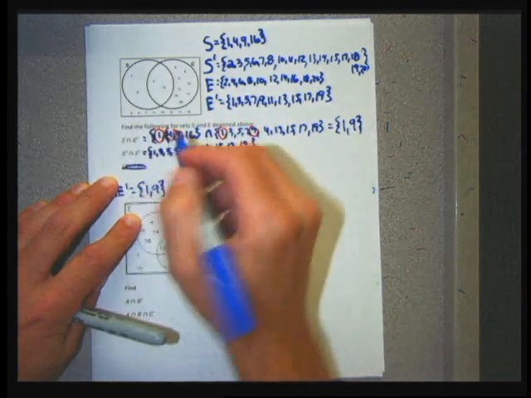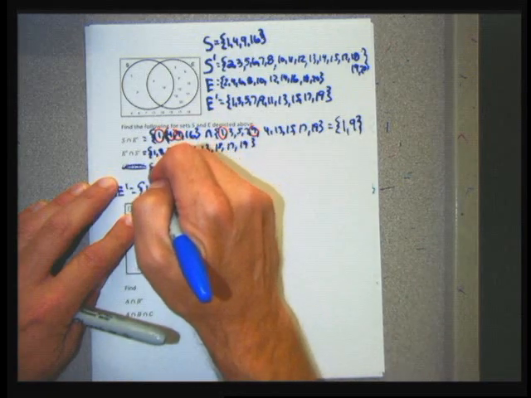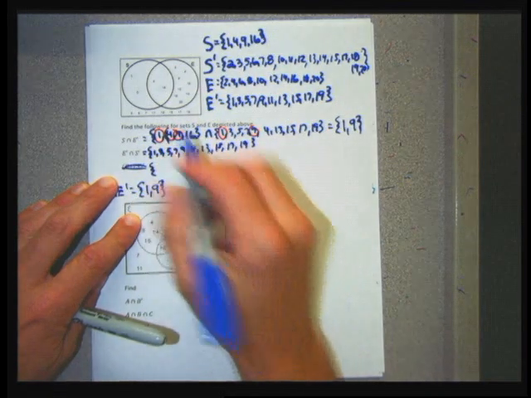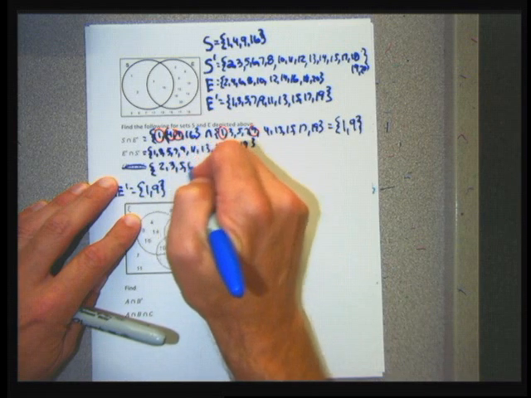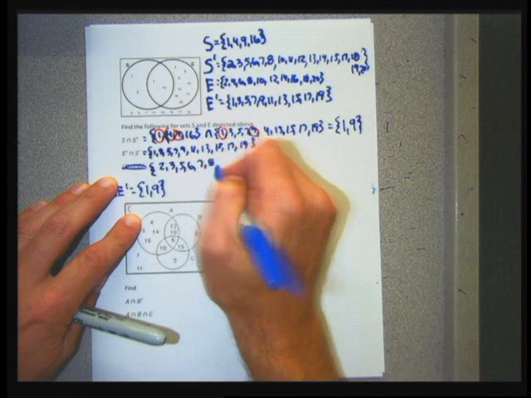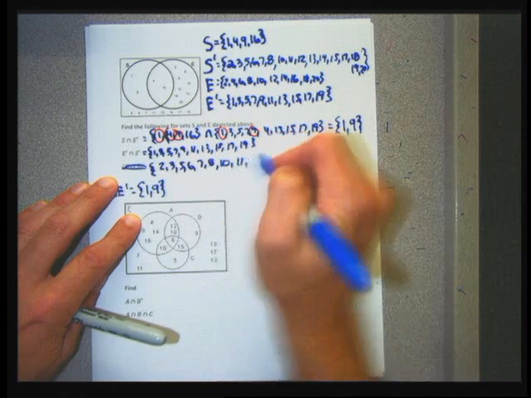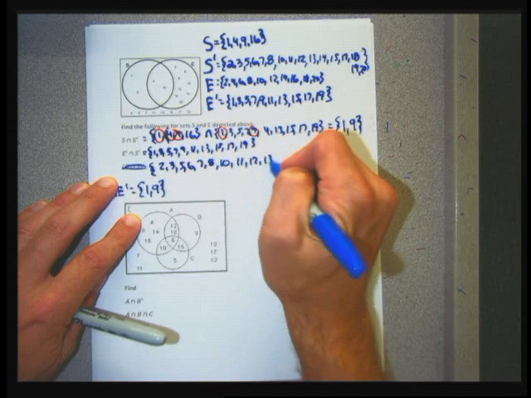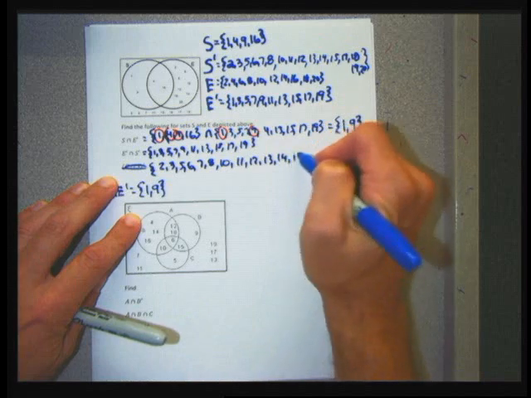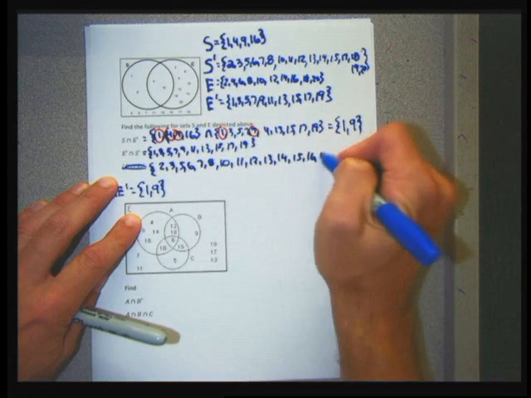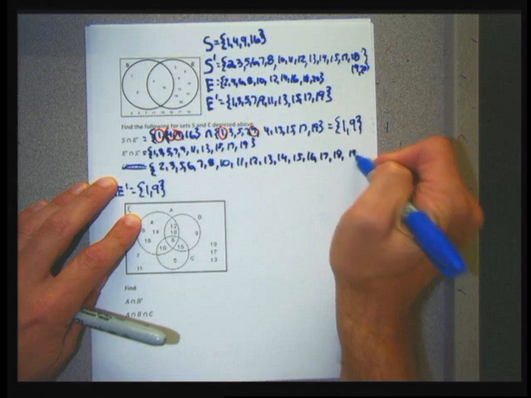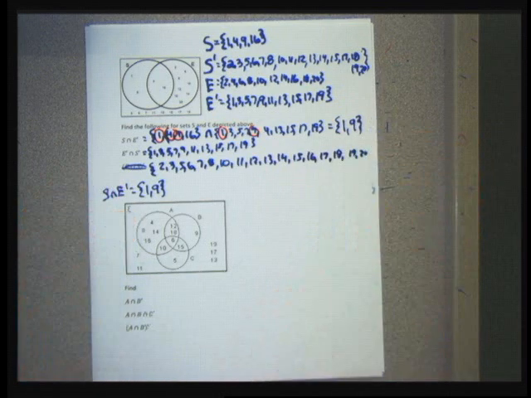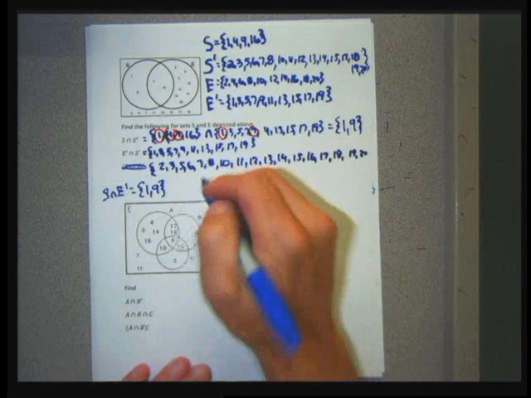And S prime I'm going to write under because I just don't have room to write it off to the side. S prime is 2, 3, 5, 6, 7, 8, 10, 11, 12, 13, 14, 15, 16, 17, 18, 19, and 20. Now what these sets have in common makes E prime intersection S prime.